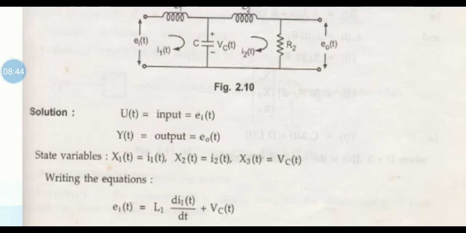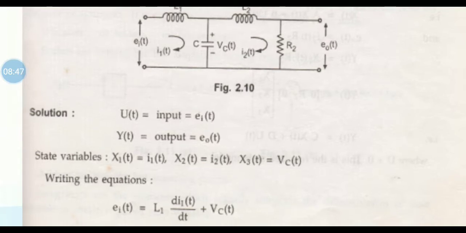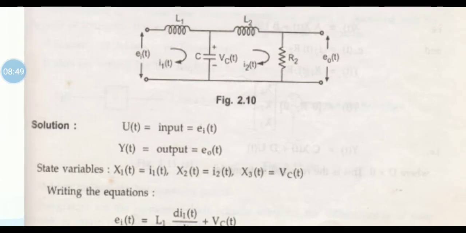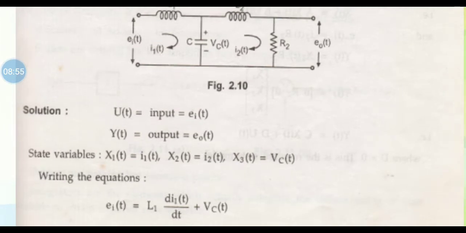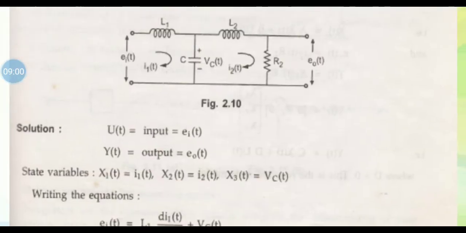E1 of t, or Ei of t, is equal to L1 di1 of t by dt plus Vc of t.